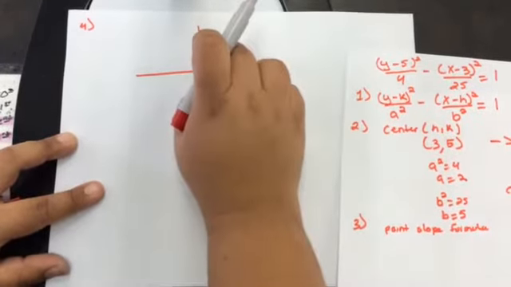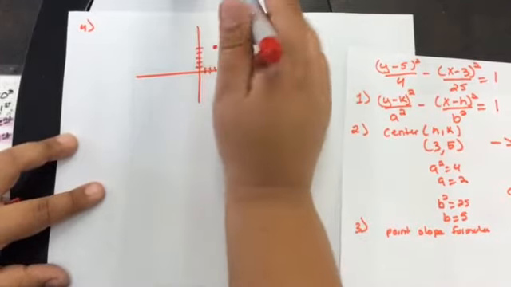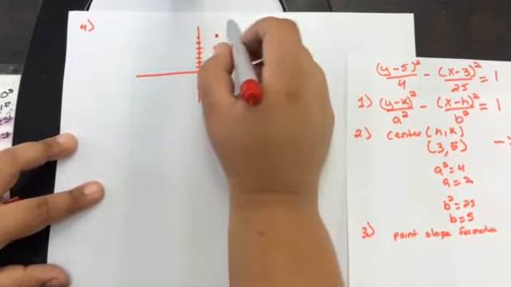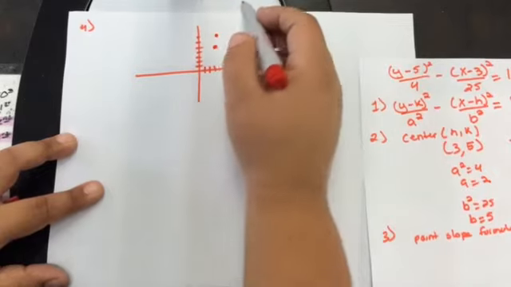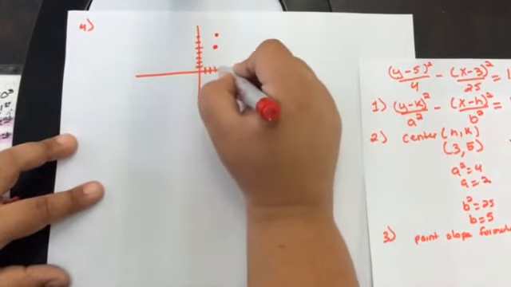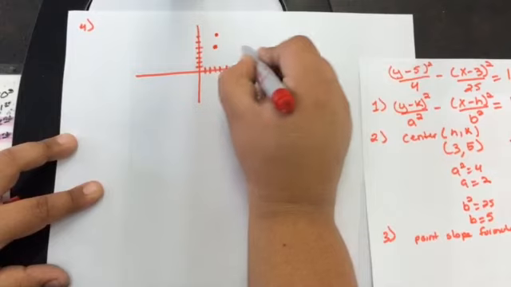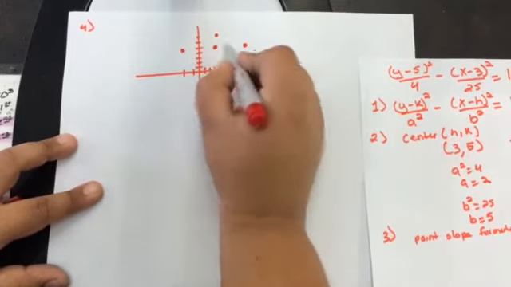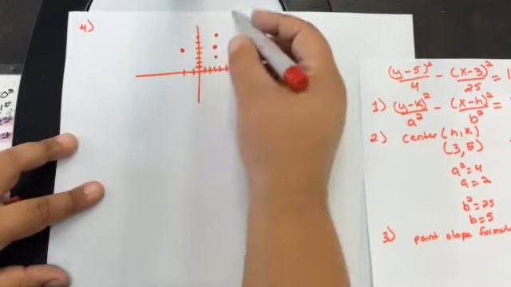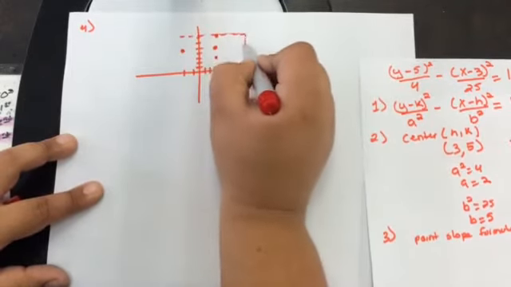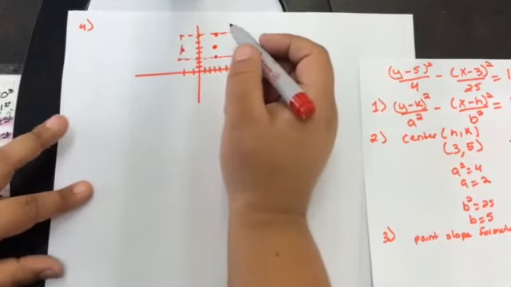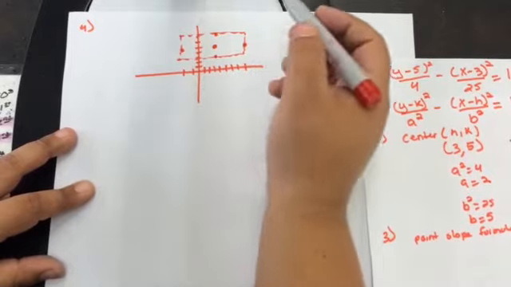Then we're moving 2 units up, and we're moving 5 units to the right and to the left. So 1, 2, 3, 4, 5. 1, 2, 3, 4, 5. And 2 units down. So you can draw your box. The asymptotes go through the corners of the box.